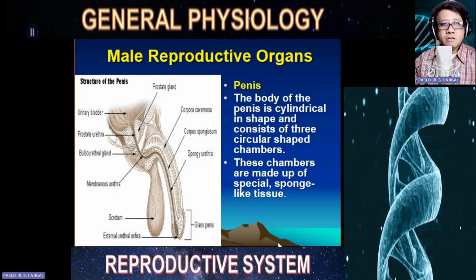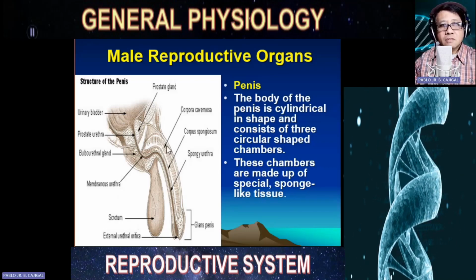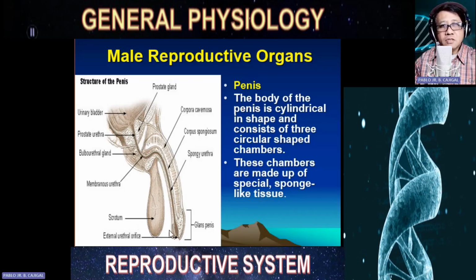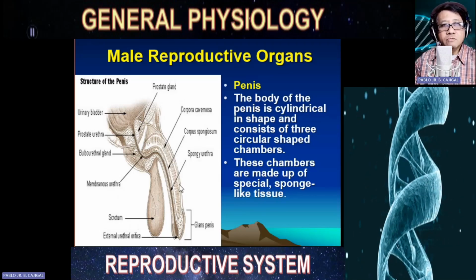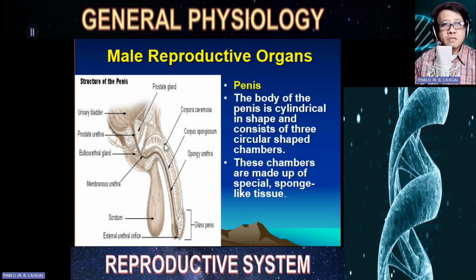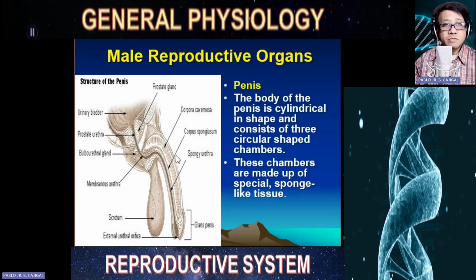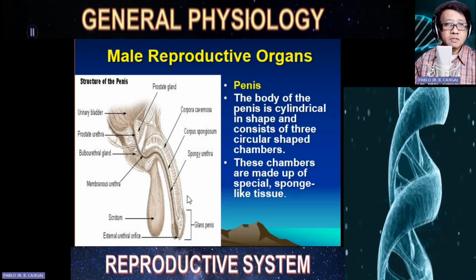And so, kung makikita niyo dito sa diagram natin, ito yung spongy urethra and yung corpus spongiosum. Ayan, so ito yung mga circular shaped chambers and made up of special sponge-like tissue.